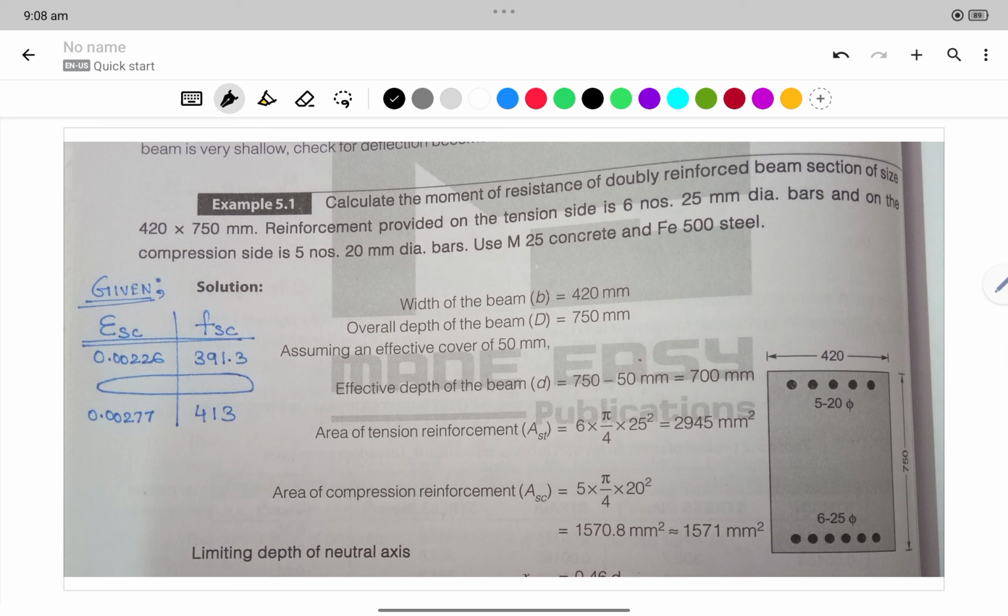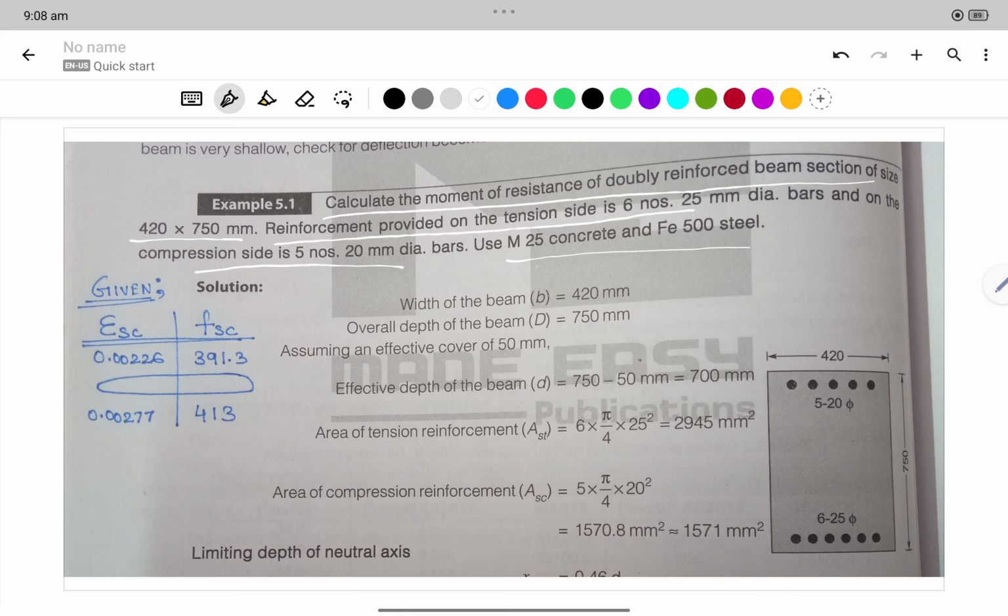See, calculate the moment of resistance of a doubly reinforced beam of size 420 into 750. 420 into 750 is the dimension. Reinforcement provided on the tension side is 6 number 25, so 25 mm dia bar, and on the compression side 5 number 20 mm dia bar.